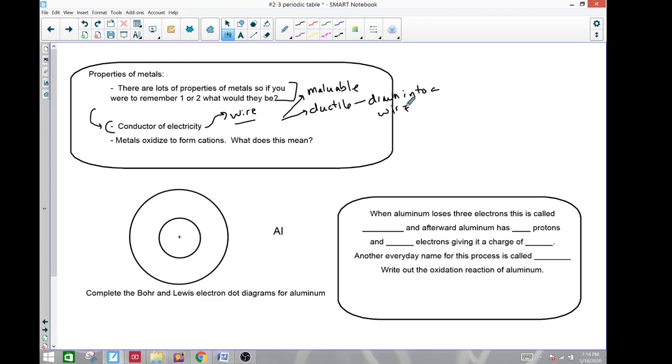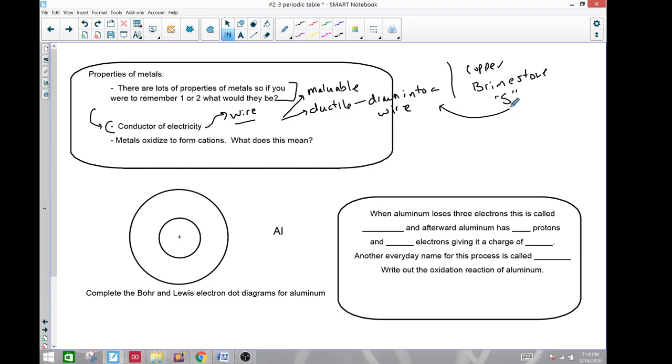Typically by this time we would have already done a lab called the copper brimstone lab. Now, brimstone is another name for sulfur. Can you imagine taking sulfur, since you've worked with it, and drawing it into a wire?